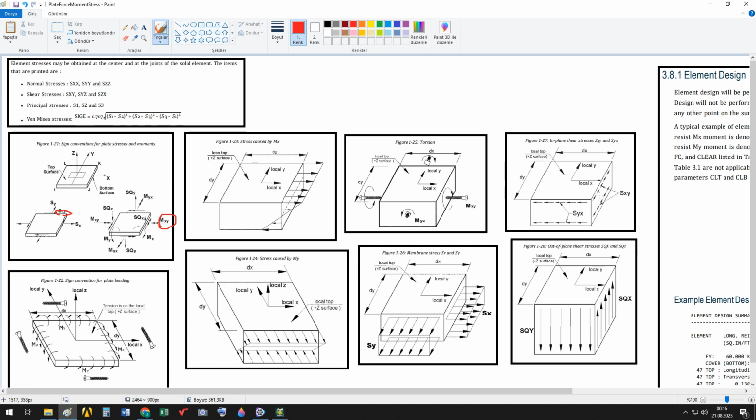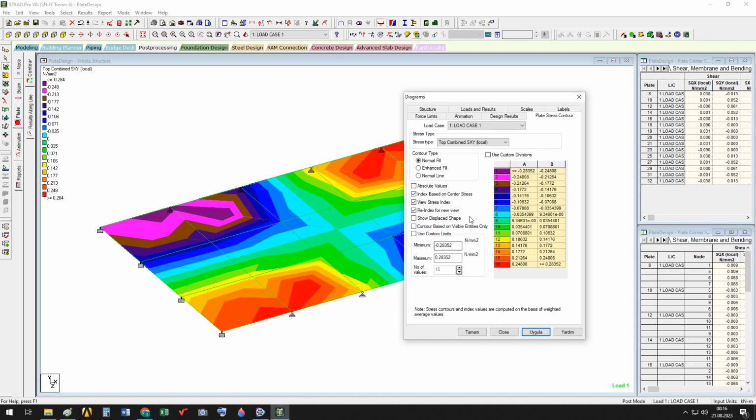Sxy is because of that force and that force. So tau is the stress induced by those forces, as I guess.